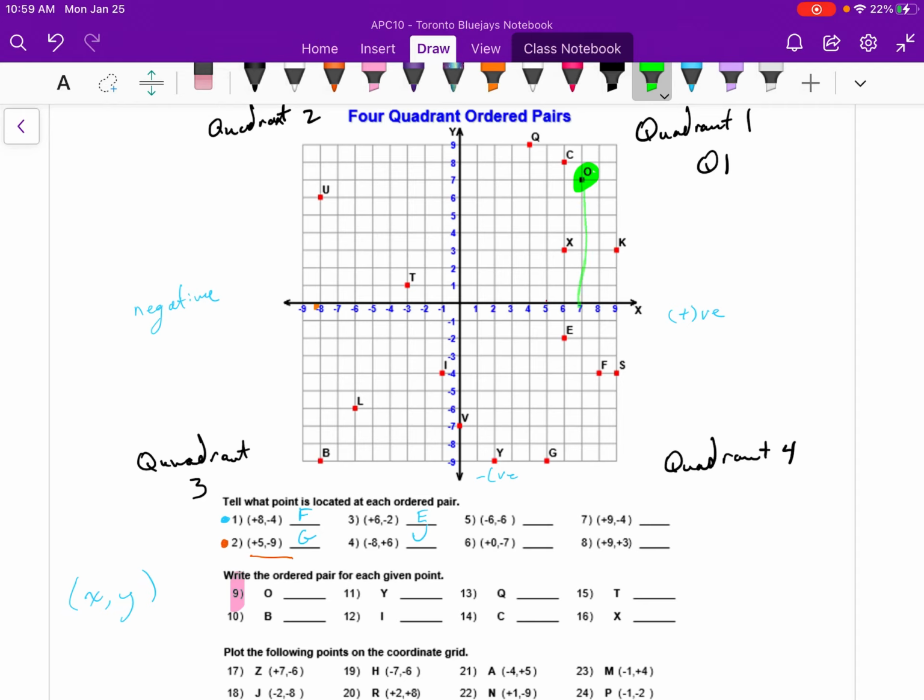The x-coordinate for O is 7. Y-coordinate is 7. So O has coordinates (7, 7). Now notice how 7, 7 are in brackets. Really important that you put it in brackets because that's the mathematical notation that we use to signify that this is a point.